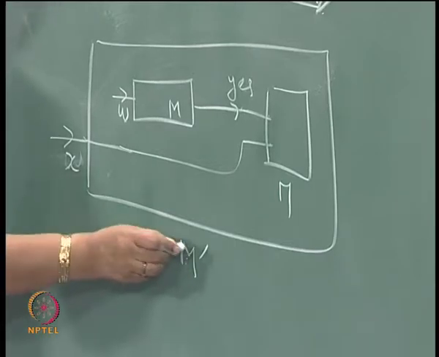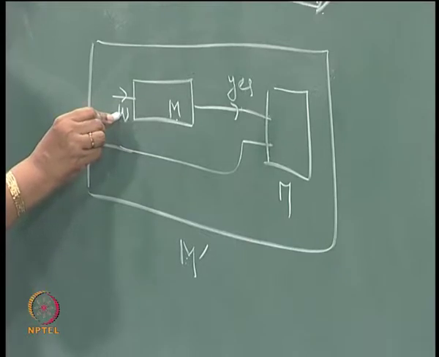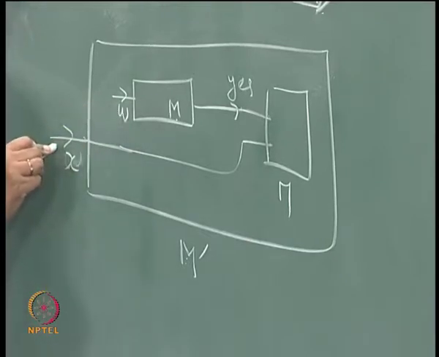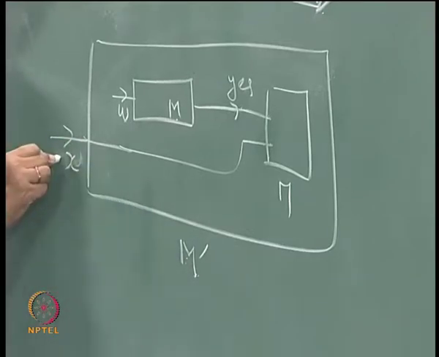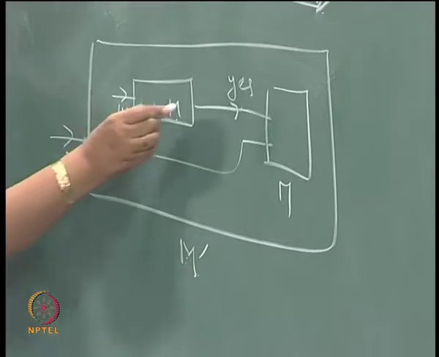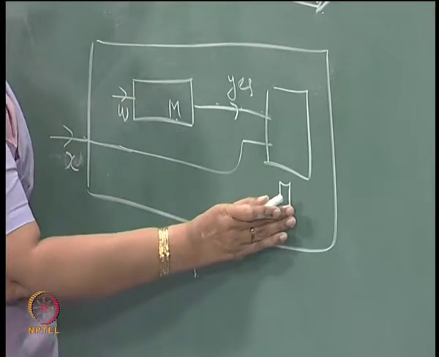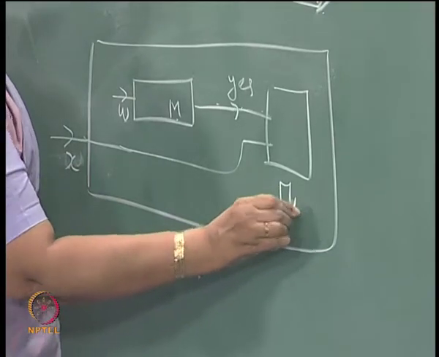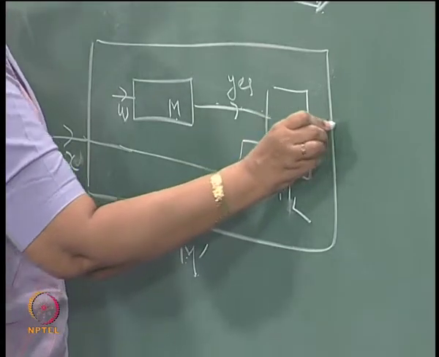M dash will simulate the behavior of M on w. For M dash the input is x, it will ignore that, but it will simulate the behavior of M on w, and if the answer is yes, it will start ML.